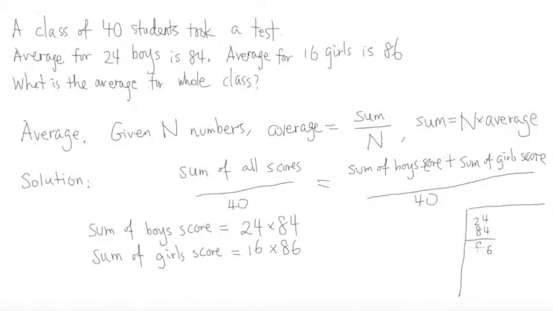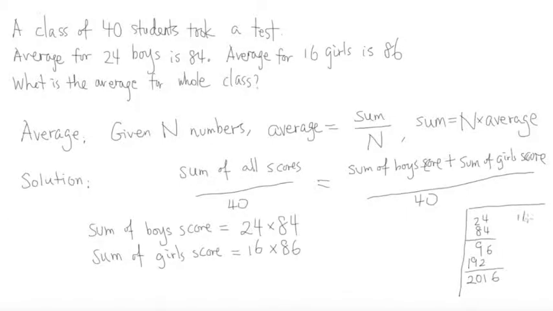4 times 24 is 96, 8 times 4 is 32, and then you have 2 times 8, 16, plus 3, 19. We get a pretty big number: 2016.